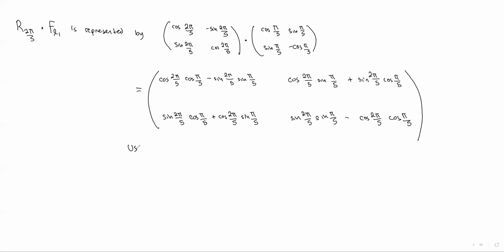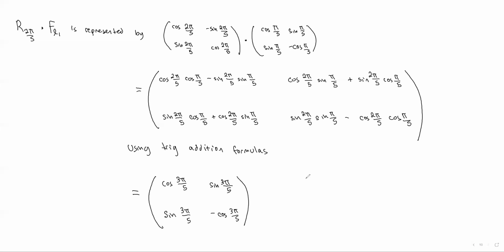So using trig addition formulas, this will be cosine 3 pi over 5, sine 3 pi over 5, sine 3 pi over 5, negative cosine 3 pi over 5. And this fits the pattern for a reflection matrix. So this is the reflection.